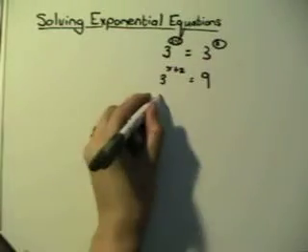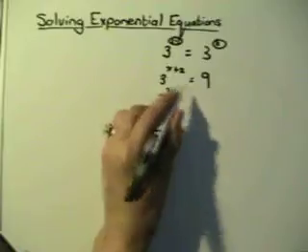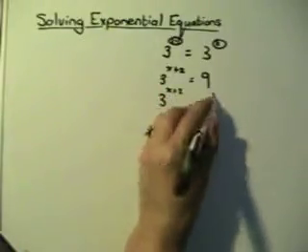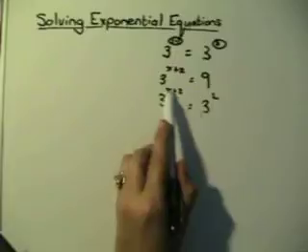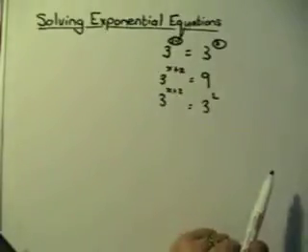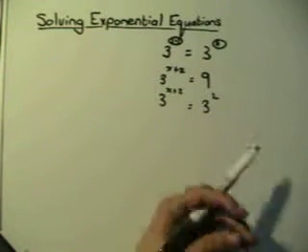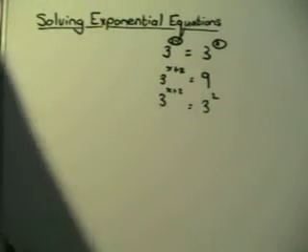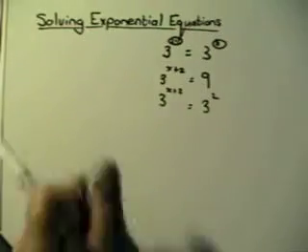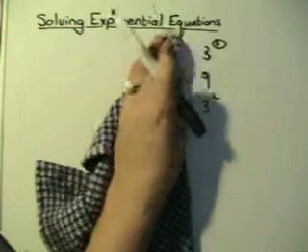Then what I want to do is get the same base, so that I have two expressions that I can make equal to one another as a linear equation, and then solve the linear equation. So that's the basic procedure I will take for most exponential equations.